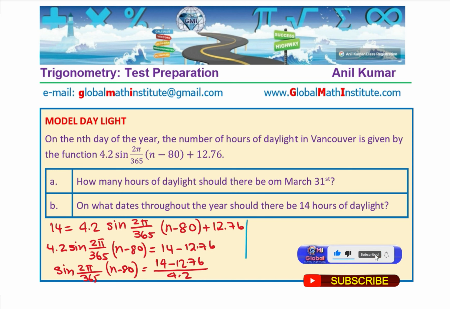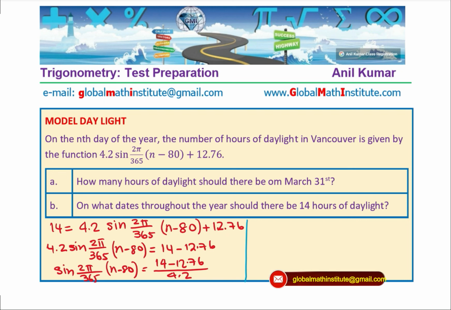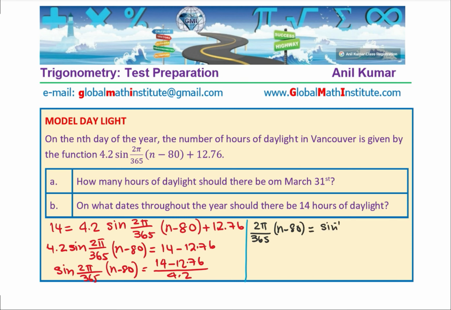I'll squeeze in the solution here itself. So now sine theta is equal to all this. What is this theta equal to? We get 2 pi over 365 times n minus 80 equal to sine inverse of all this, which is 14 minus 12.76 over 4.2.